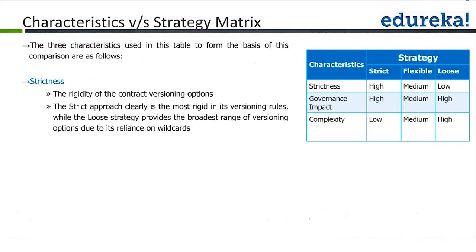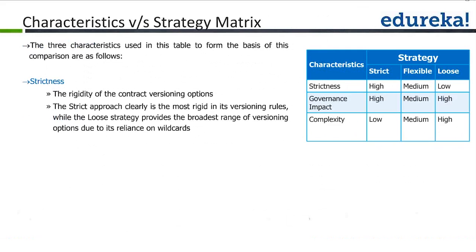Because for government's impact and strict it is high. Why is it low for complexity? I'll just wait for a couple of answers and we will go to the flexible, which will again remain medium because it will just have to support backward compatibility in case of the complexity.